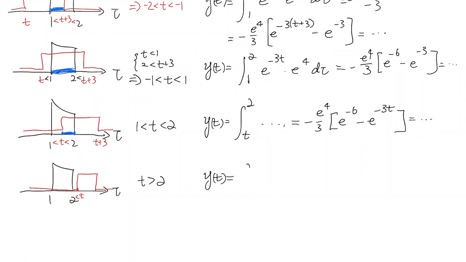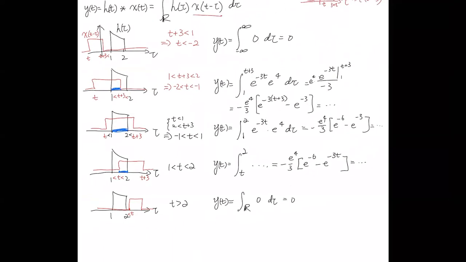And the integration is going to be on R, but everything will be 0, right? So the outcome will be 0. Now it completes 5 scenarios, and then you can look at what our integration limits are, right? t less than negative 2, negative 2 to negative 1, negative 1 to 1, then 1 to 2, and t greater than 2.